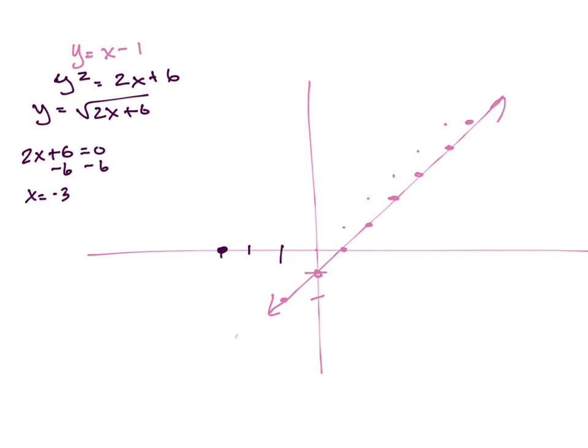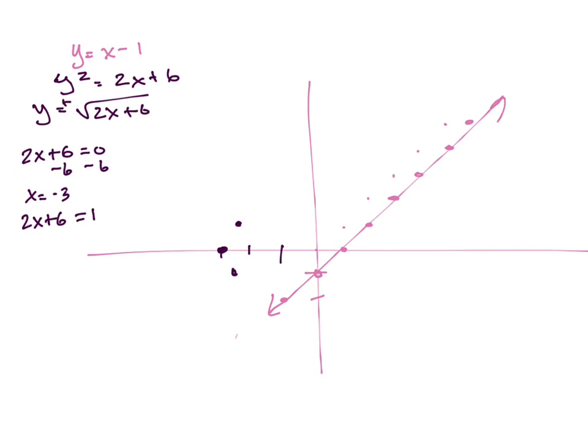I know what the square root of 1 is, so I'm going to set 2x plus 6 equal to 1. Minus 6, negative 5 halves. That's negative 2.5, comma 1. We're handling plus and minus at this point.